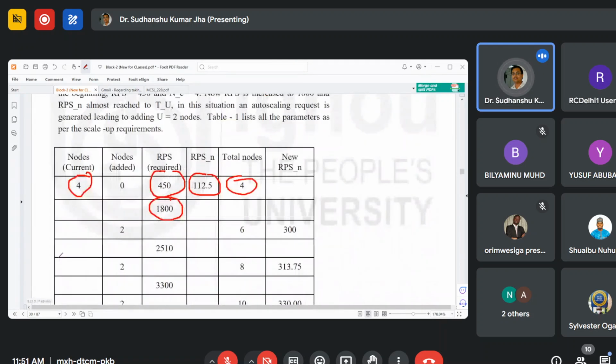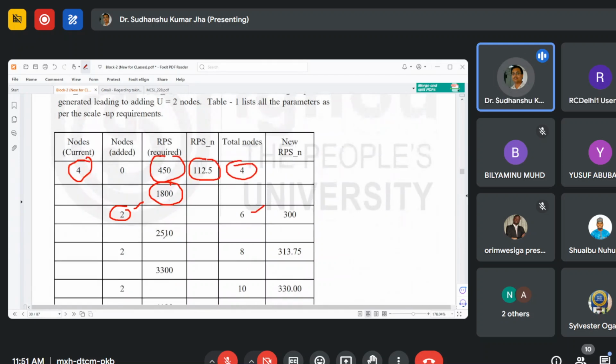You can see that two resources are required. So you scale up by two more, and now the total is 6. Later on, more requests per second arrive, and again you scale up by two. Here it is showing the example of fixed scaling up.